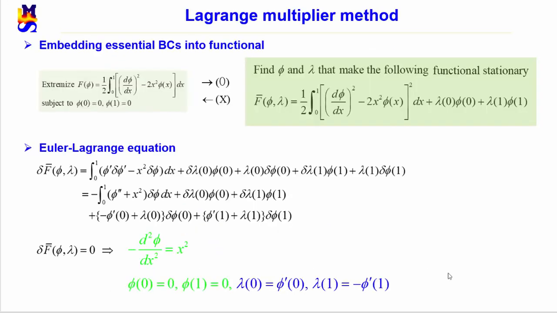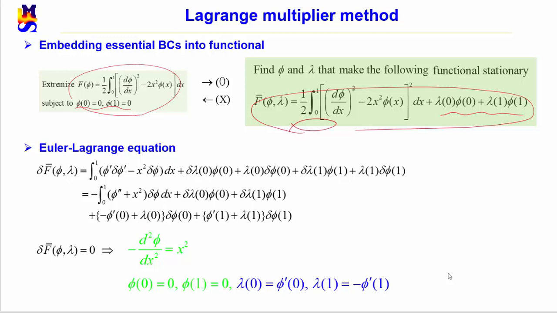This is the basic principle with these two essential boundary conditions. They can be removed using Lagrange multiplier method like this. The original base principle is transformed into the augmented base principle without any equality constraint like this.